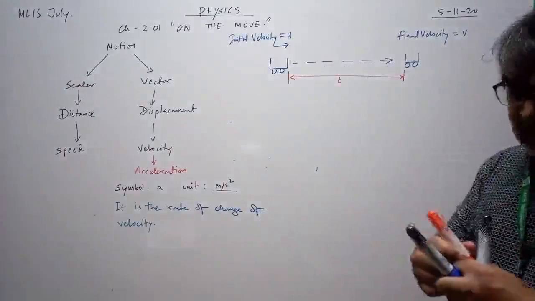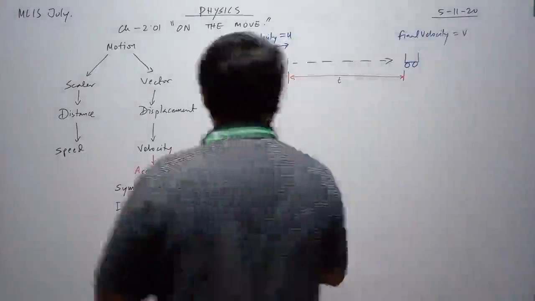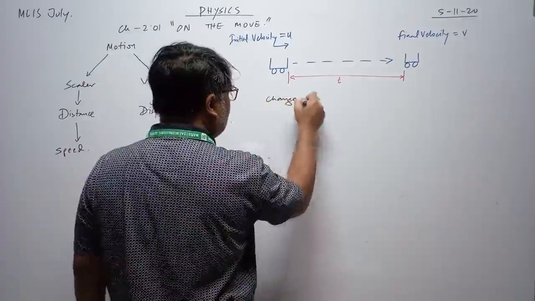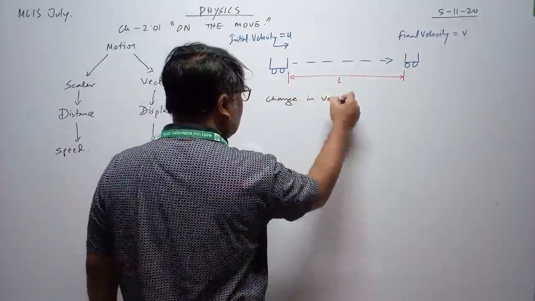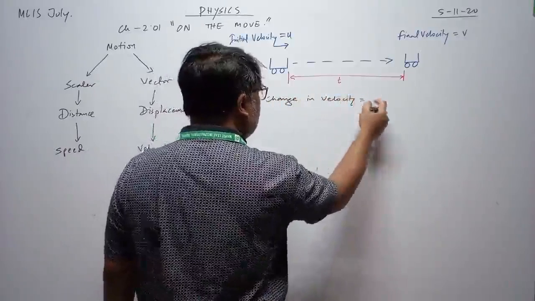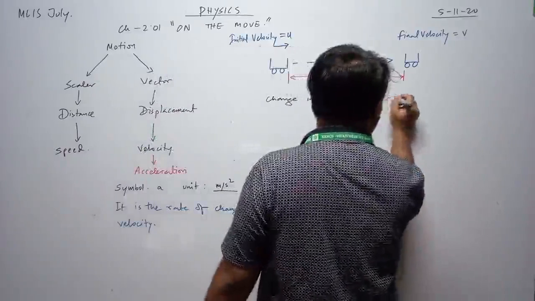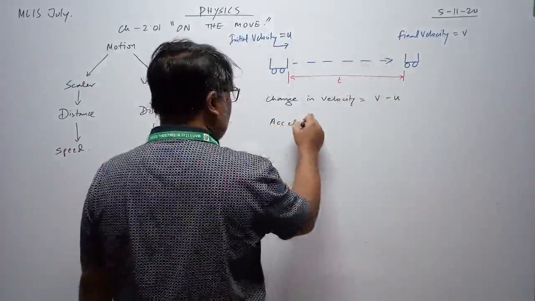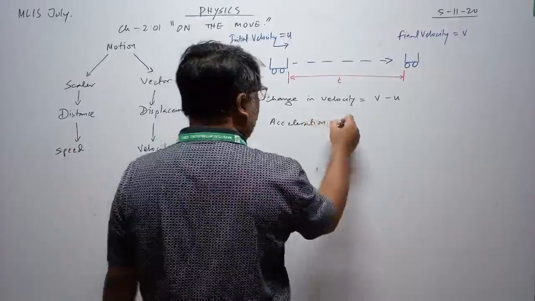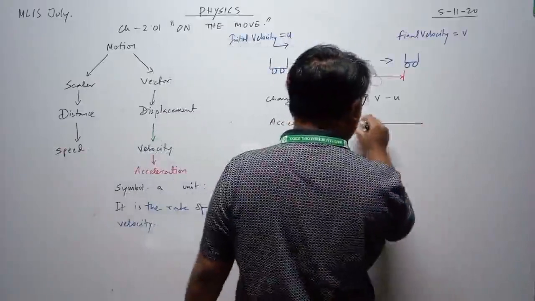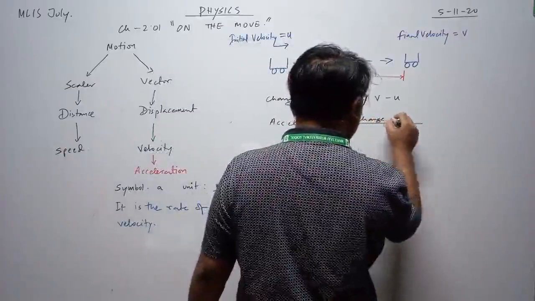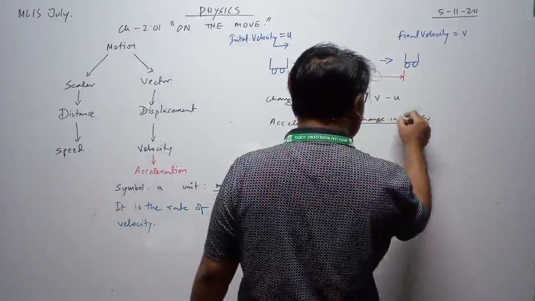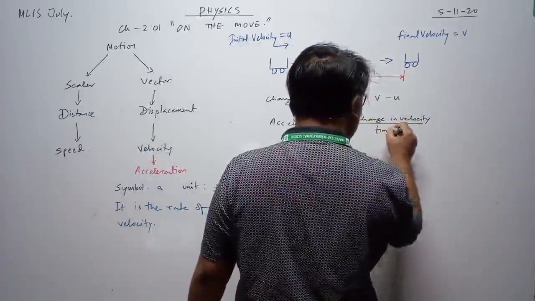So from this we can say that the change in velocity is equal to v minus u, and the acceleration will be change in velocity by time.